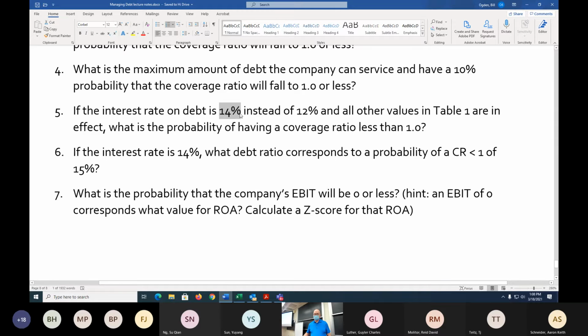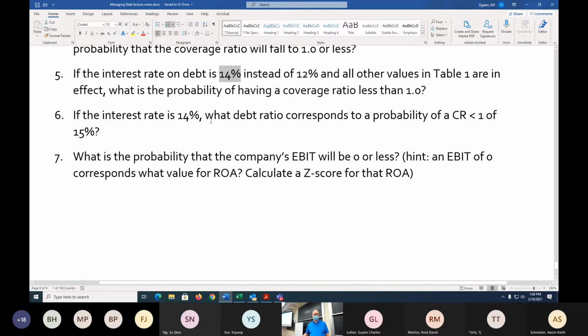Okay, then number 6, you basically rework question 3, except instead of a 10% probability, you're going to use a 15% probability of not covering, and you're going to use a 14% interest rate. So it's the same calculations, just different numbers. We're trying to see how sensitive we are if we change some of these numbers.